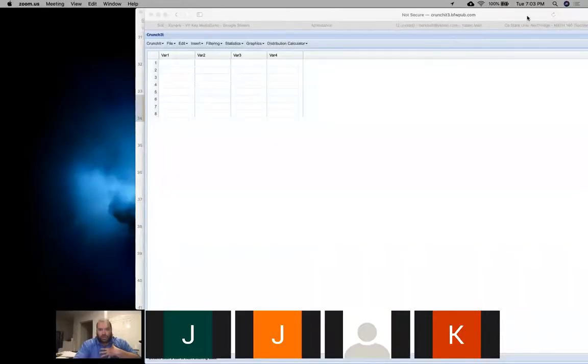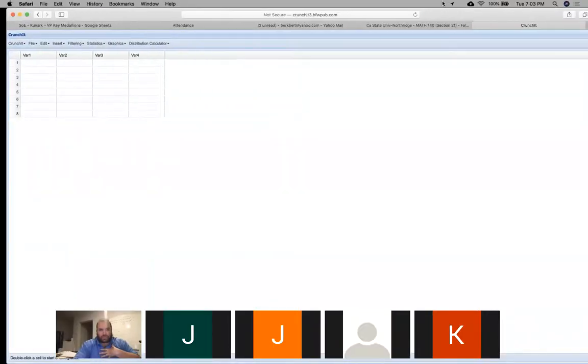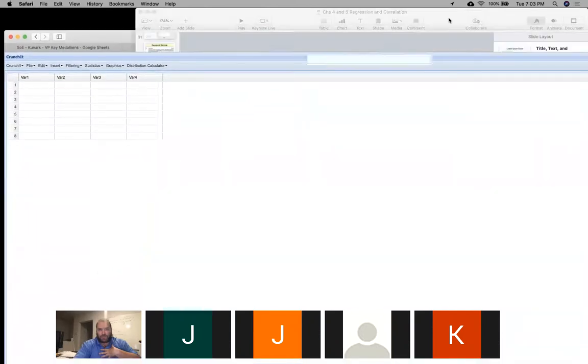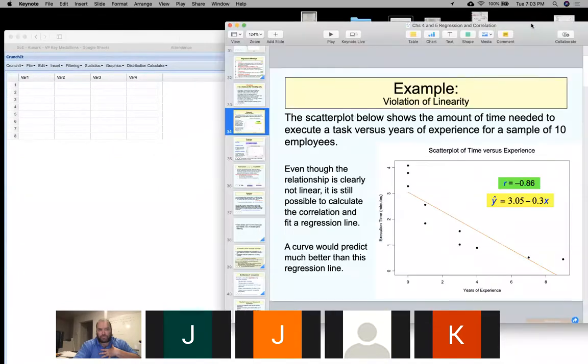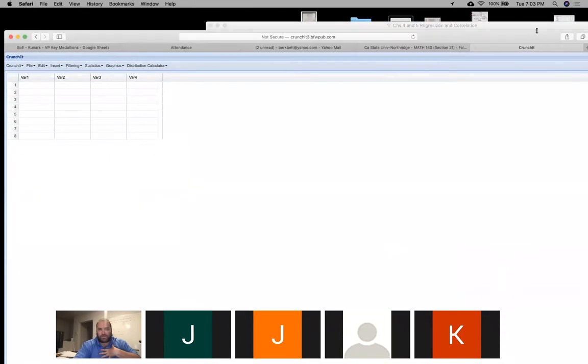Okay, so I'm going to share my screen. And so here's Crunch It. Can you all see that? Although I don't have my data in yet. And here is the picture.